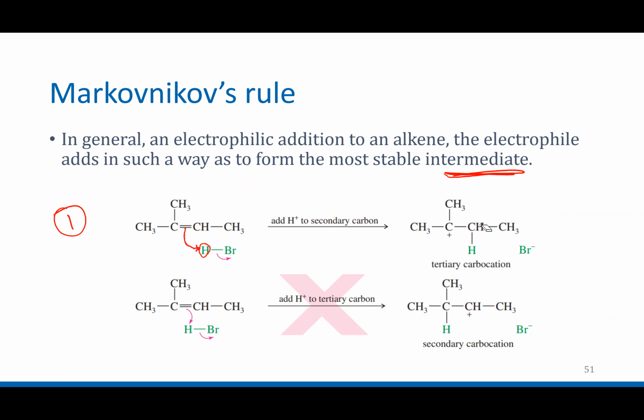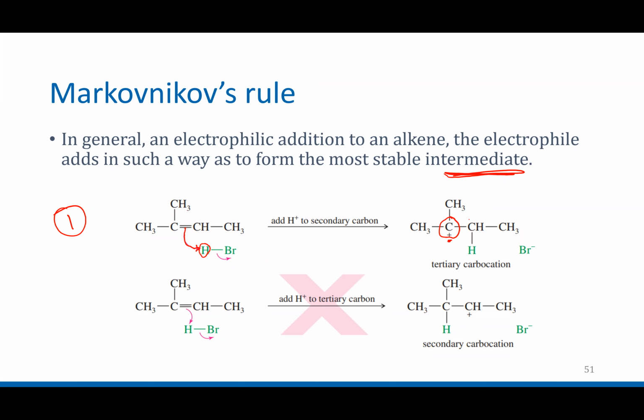But what that means is this carbon now has lost its electrons. The electrons have been given to that hydrogen to form this bond here. Because this carbon is missing out on those electrons from the double bond, it's called a carbocation. It's positive.